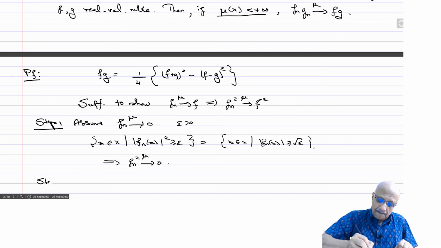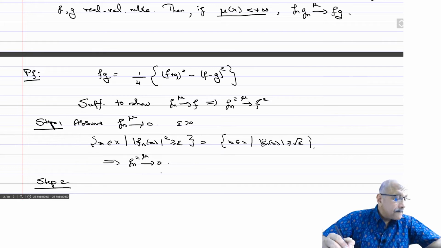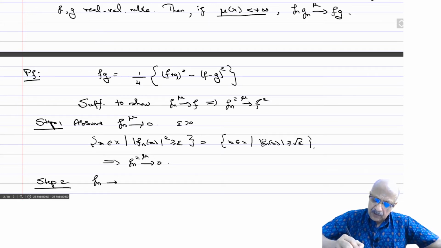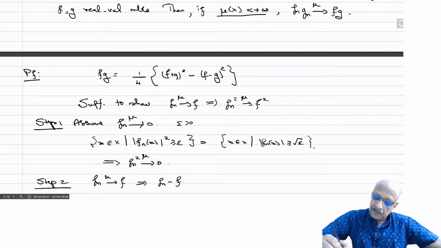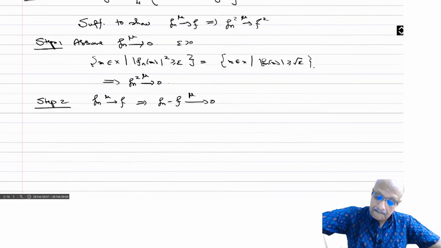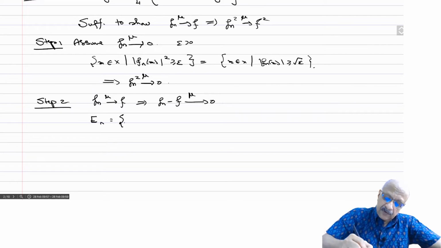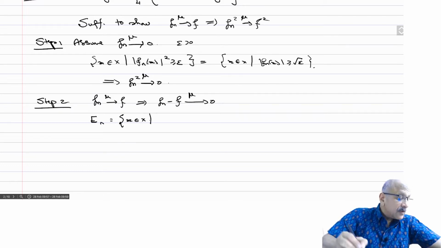Step 2. f_n goes to f in measure, this implies that f_n minus f goes to 0 in measure. Now you let E_n equal the set of all x in X such that mod f(x) is greater than n.